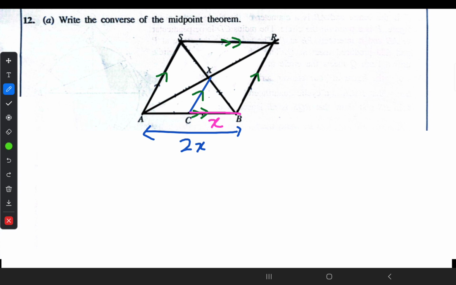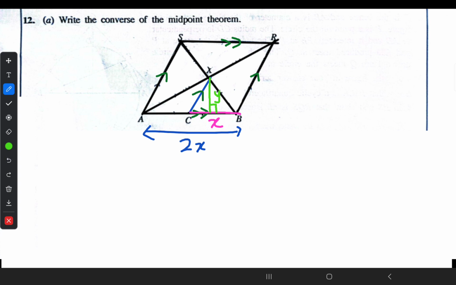Likewise, we need half into base into perpendicular height. In your diagram, you should draw a new diagram and show the perpendicular height like this, y. This is the perpendicular height of this small triangle ACX.